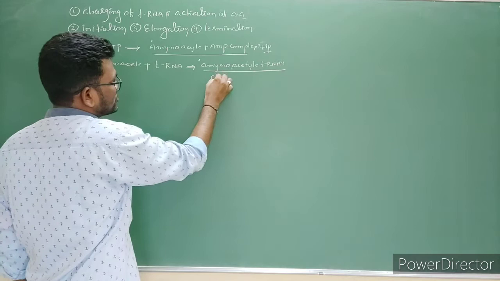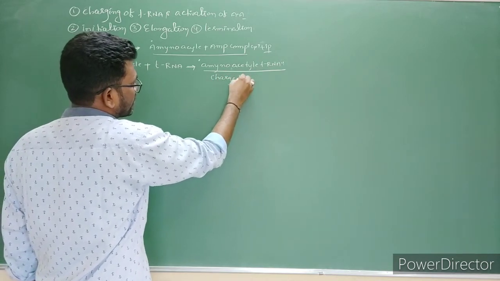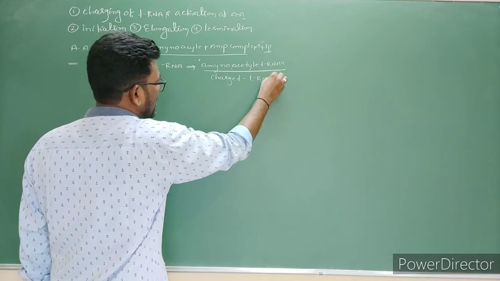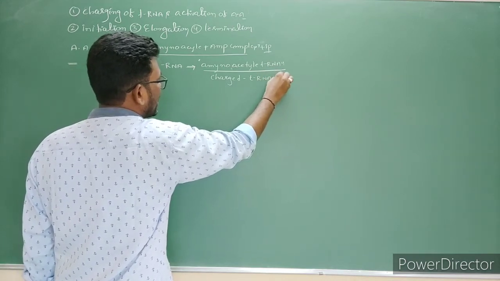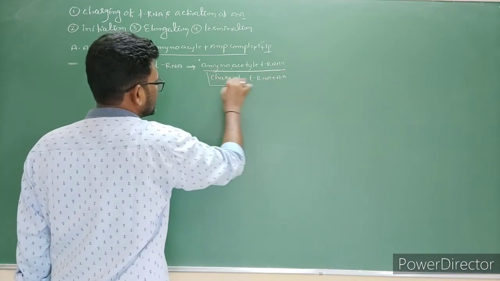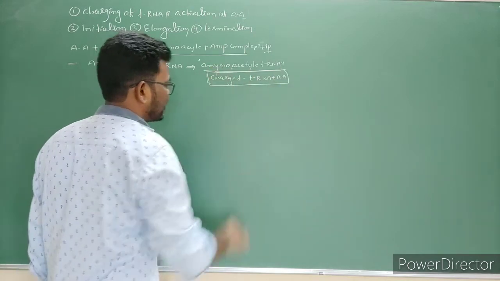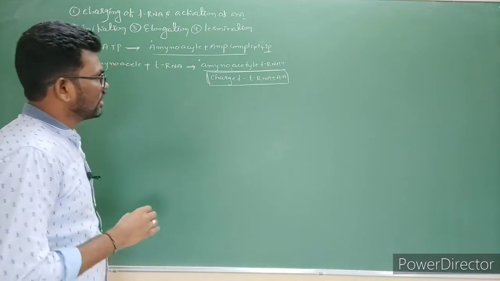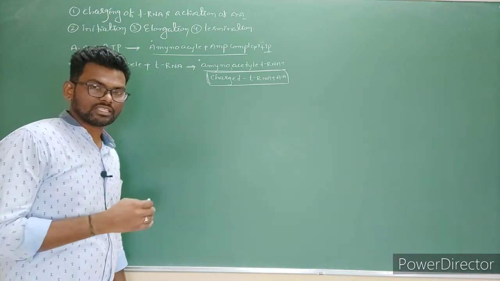This is called charged tRNA. Charged tRNA means it is containing what? Amino acid. That is the concept, right? Finished. So next, let's move on.